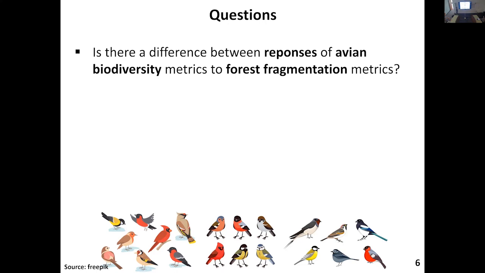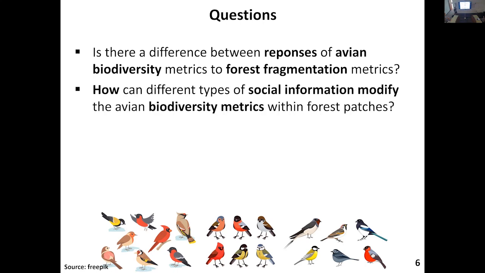We asked, is there a difference between responses of biodiversity to fragmentation metrics? The next question was, was there any way in which social information influenced biodiversity metrics in those patches?